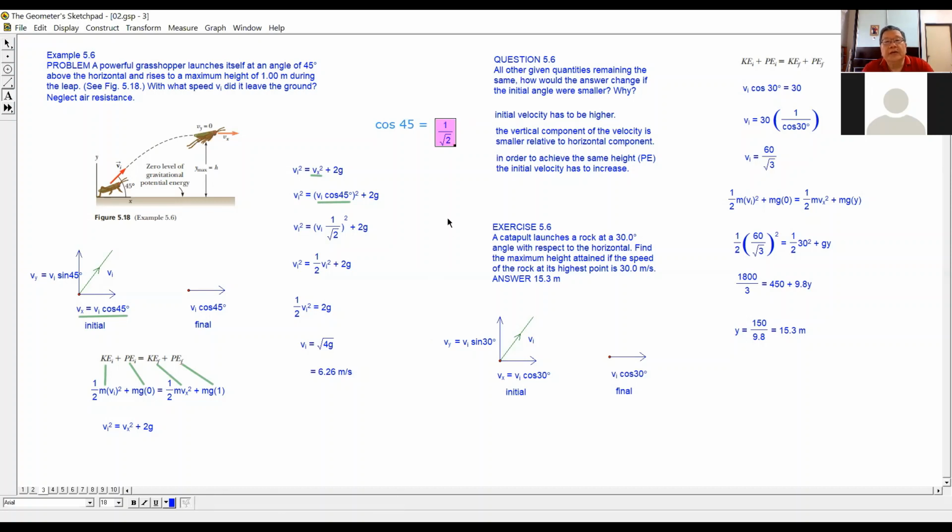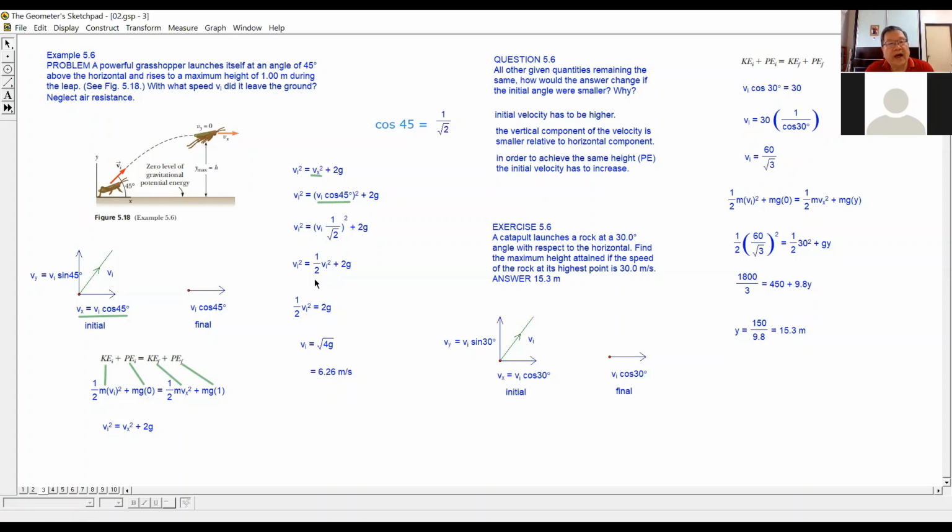So this is the trigonometric ratio that you need to know: cos 45 is 1 over root 2. So over here, the cos 45, I replace it with 1 over root 2. When you square both the terms, this one becomes vi squared. 1 squared is still 1, and the square root of 2 squared is 2.